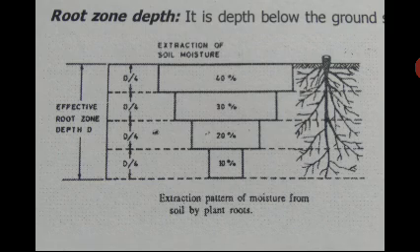The moisture equivalent may vary from about 5% for coarse sandy soils to more than 50% for heavy fine textured clay soils. The moisture equivalent of a soil can be quickly determined in a laboratory and it is used as an approximate measure of field capacity.